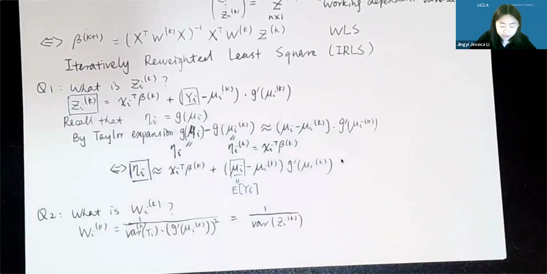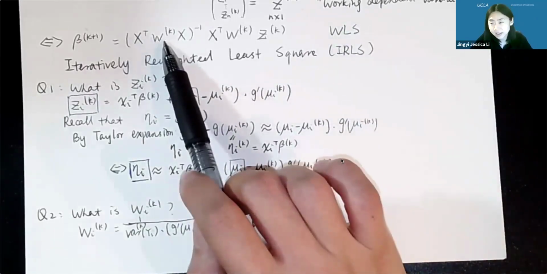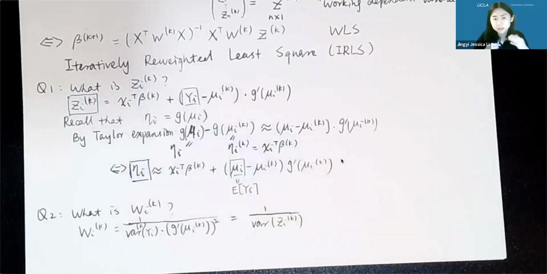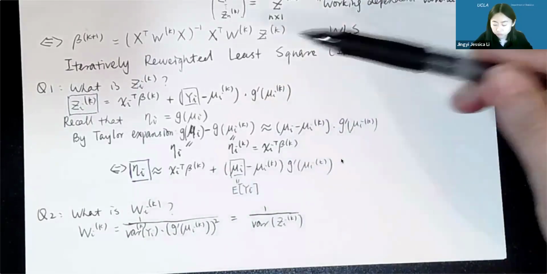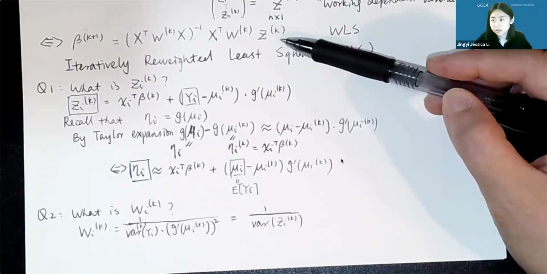If you remember when we talked about weighted least squares, we said that the weights should be the inverse of the variance of the response variable. The larger the response variable's variance, the smaller the weights, which is exactly what we have here. Once we realize that the weights are the inverse variance of the working dependent variable, this confirms that what we have up here is weighted least squares.